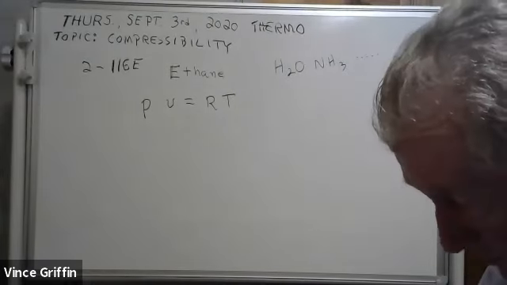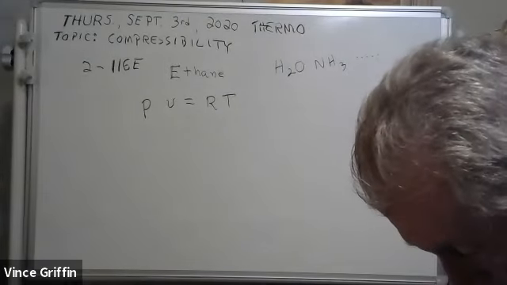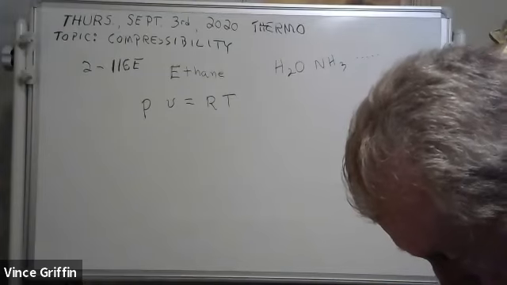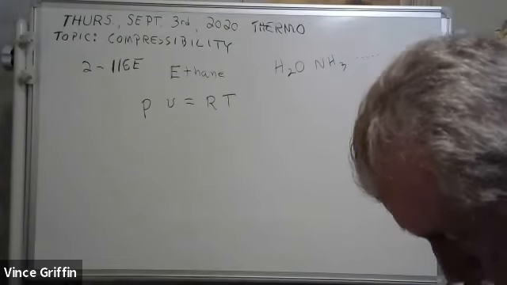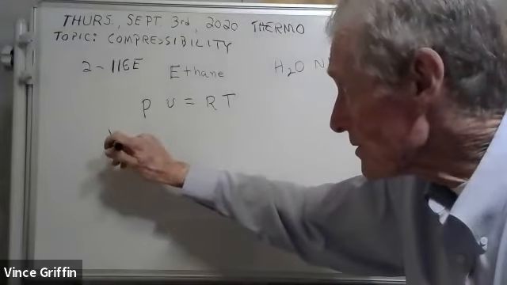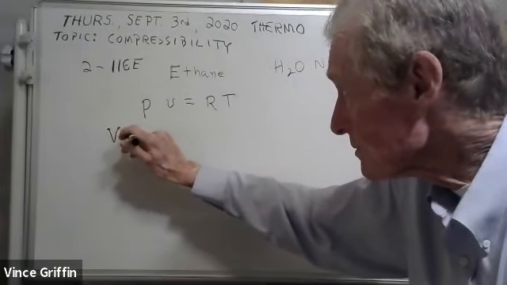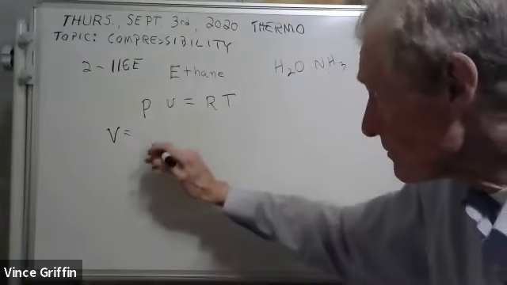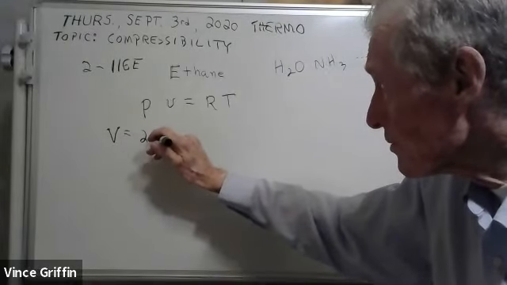Let me read it. 2116E. Oh, they want the mass stored in a tank, and let me write some of this down. They said the volume is 25 cubic feet.